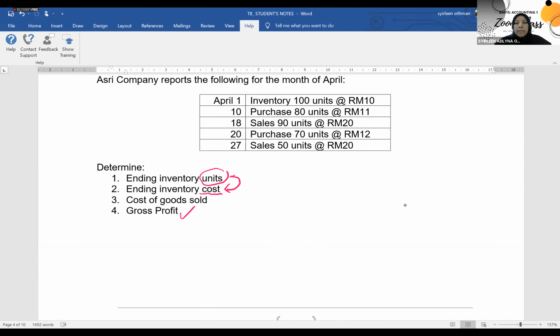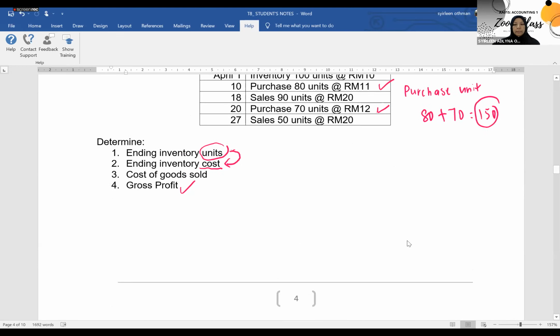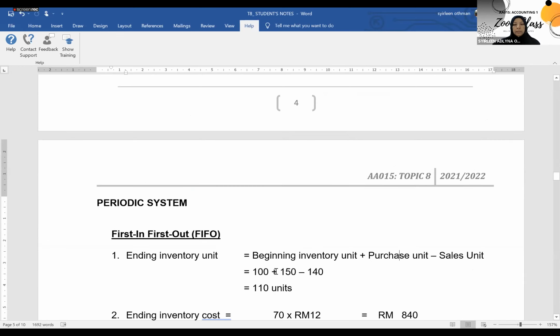So I beli 80 dan juga 70. So my purchase unit will be 80 plus 70 equals to 150 units. Sebab tu bila saya kira dekat bawah, my purchase unit is 150.